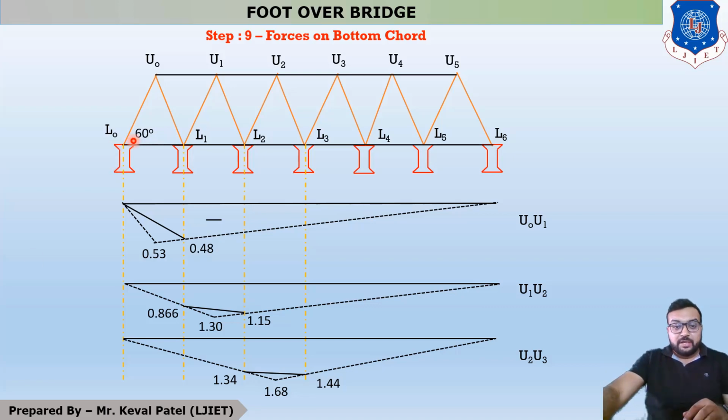At this point, the influence line diagram's maximum value is 0.53. By which equation do we get this value?